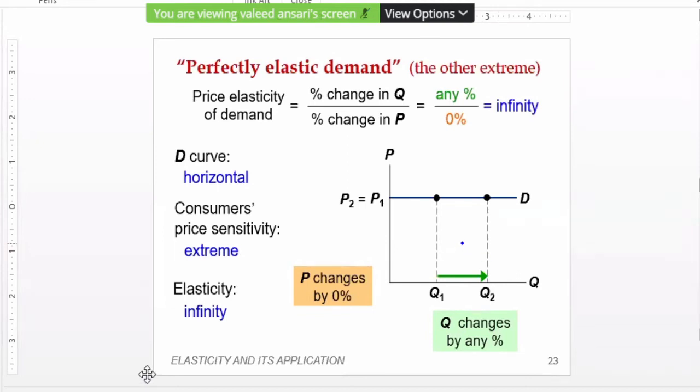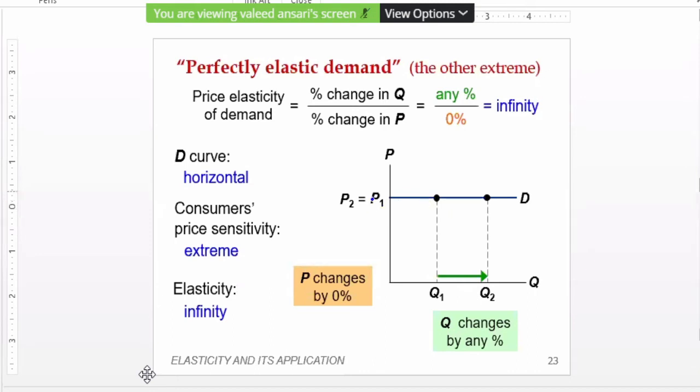This type of demand curve is prevalent in a market where close substitutes and standardized products are available, and therefore no seller will increase the price. Either you sell at the market determined price, or the consumer will switch to the other available product.